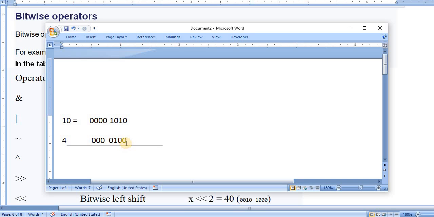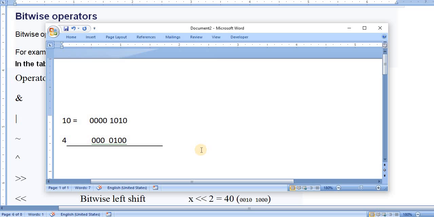When we are using the bitwise AND operator, the result is 0, because 0 is false and this 0 is also false. So in an AND operation, if both the operands are false, it returns false.